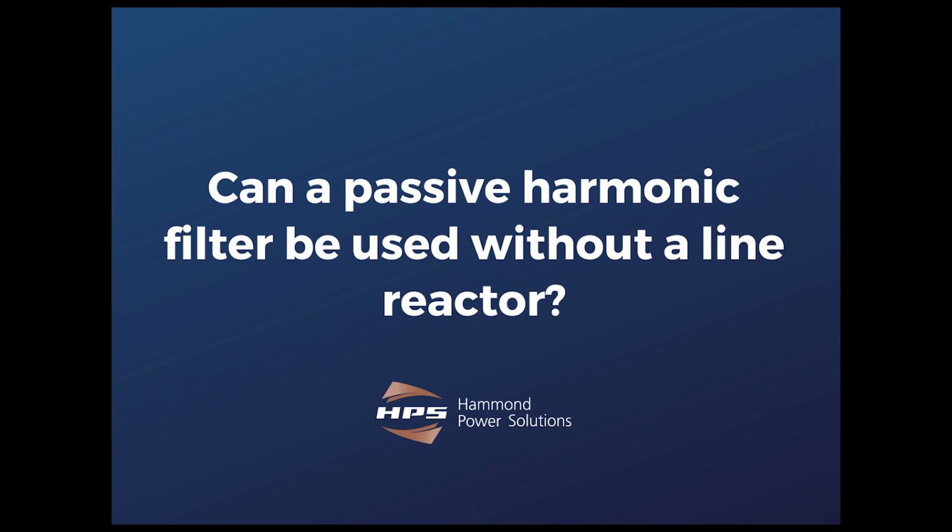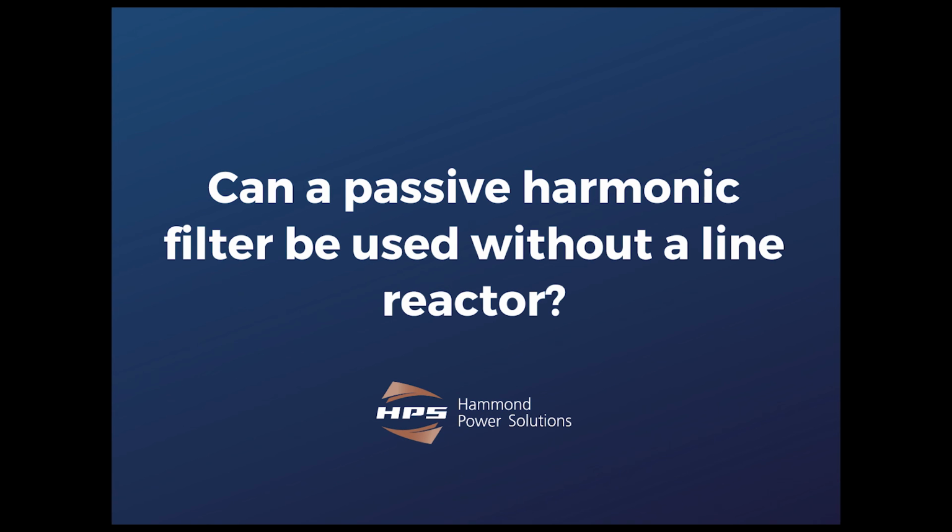The excessive voltage drop could lead to a reduced amount of torque being available from your motor to your load. So it is not recommended to use a line reactor and a passive filter together.